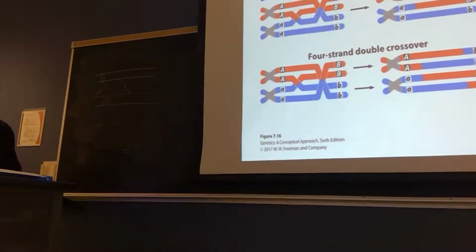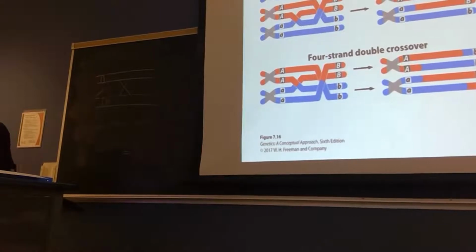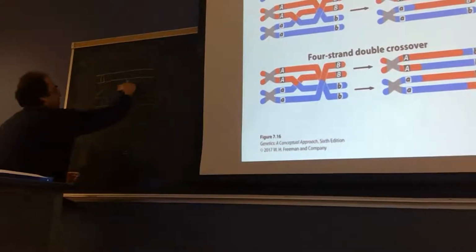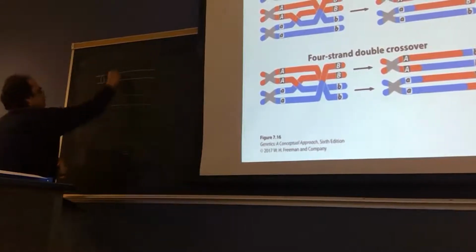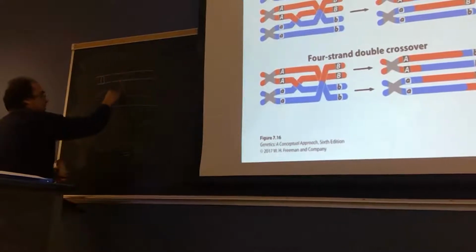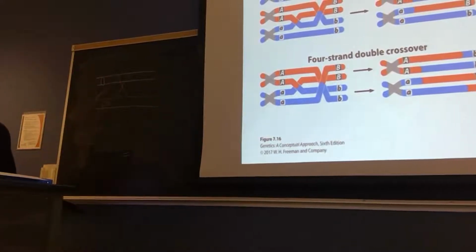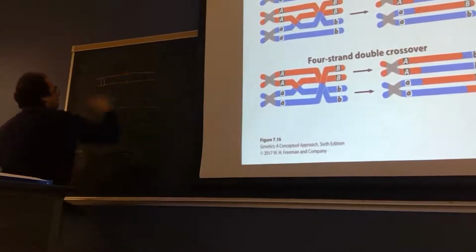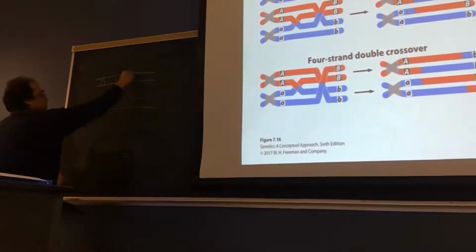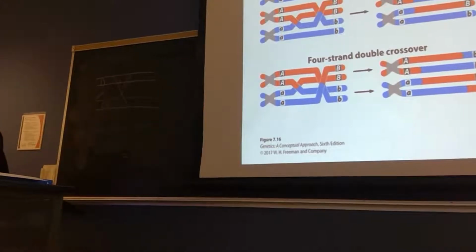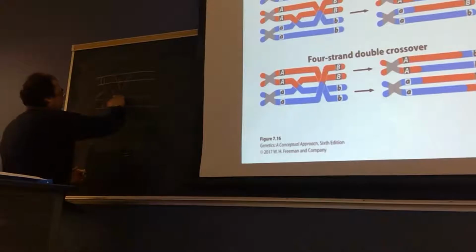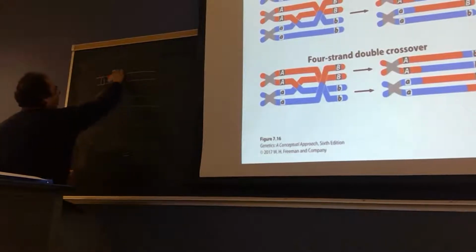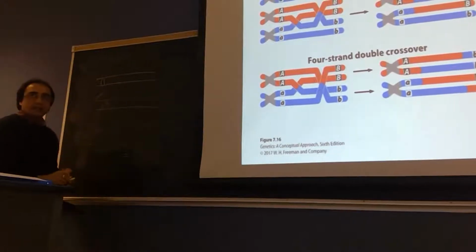This is one chance. Okay. Now, the crossover could be between these two. This is another chance. And the crossover could be between these two. Okay. If there is a double crossover, then multiply all these possibilities together.